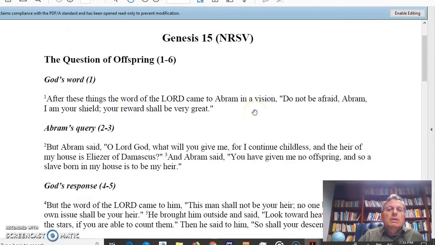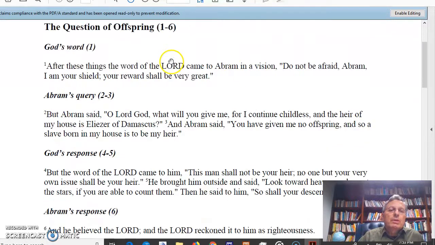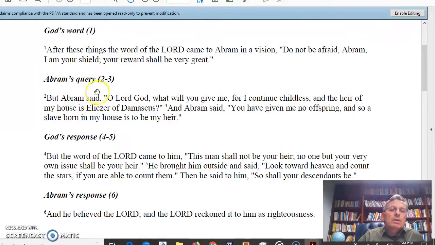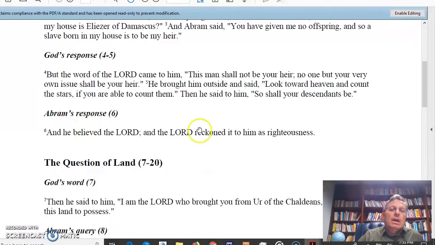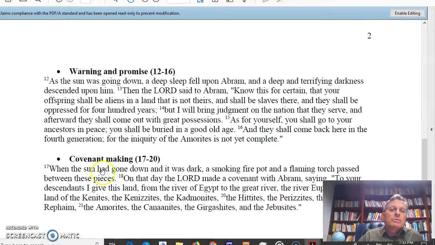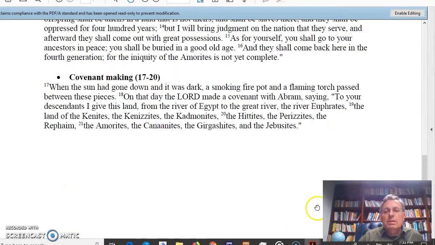Here is one. Genesis 15 is an example. The question of offspring and the question of land. They're both questions because Abraham asked God two questions. Each time God responds, Abraham speaks back, and at the end Abraham believes. But after the question of land, there is no reference to Abraham believing. It ends open-endedly. So my outline already is an interpretation.